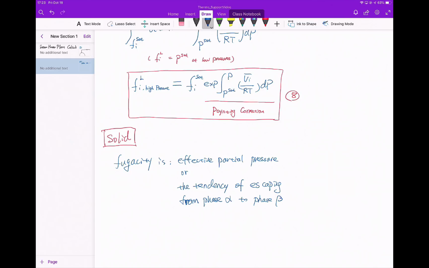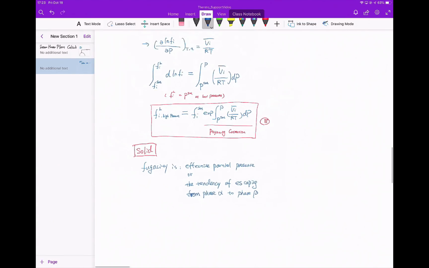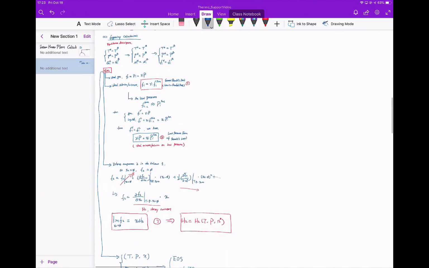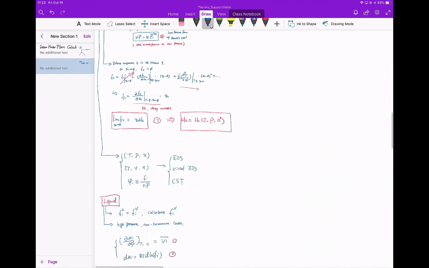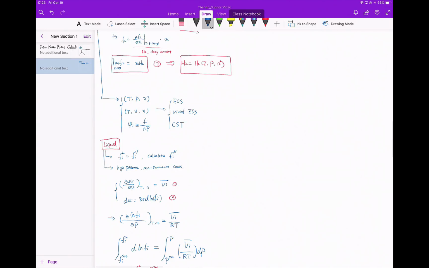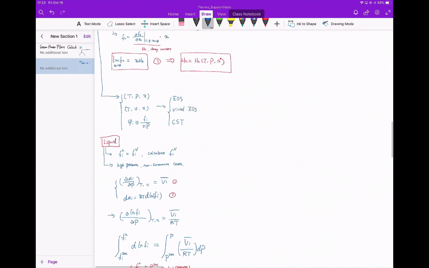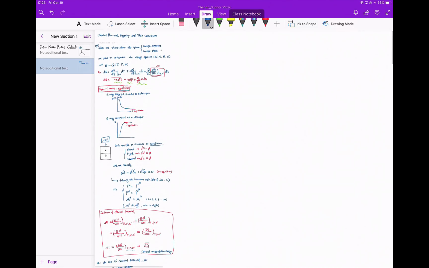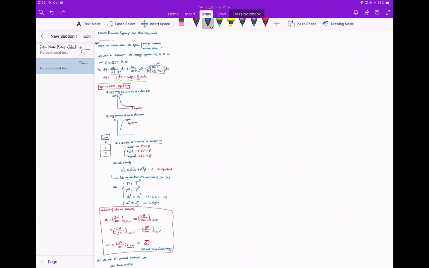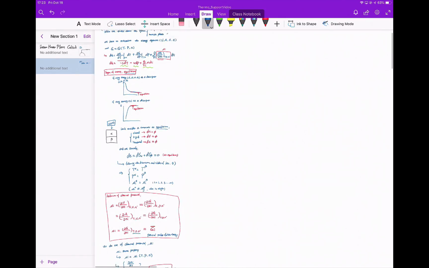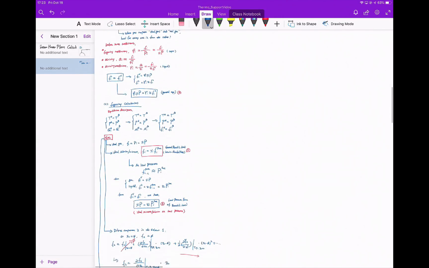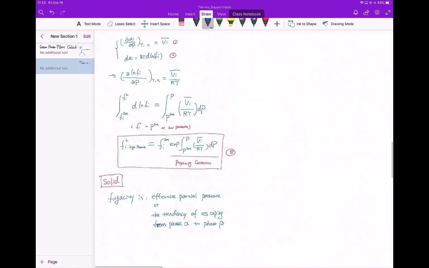So we tend to go happily with the gas fugacity calculations, and if needed, we look at the liquid fugacity calculations. Okay, so this is the review for the chemical potential, fugacity, and their calculations. It's actually not quite short.